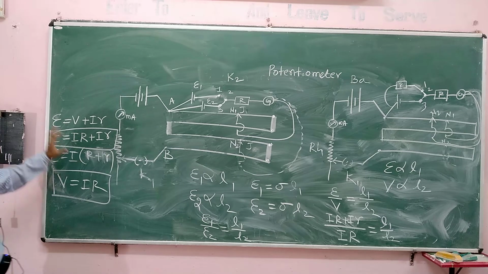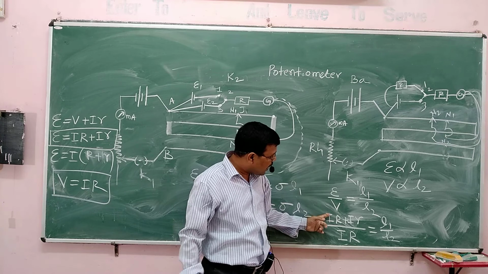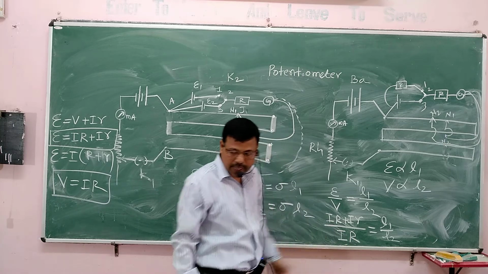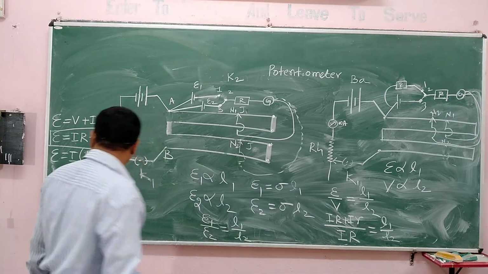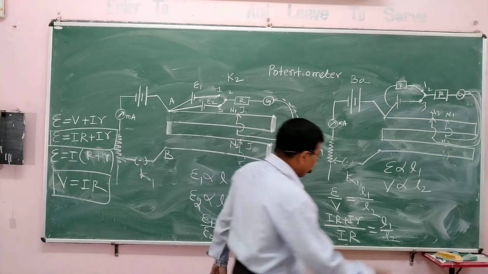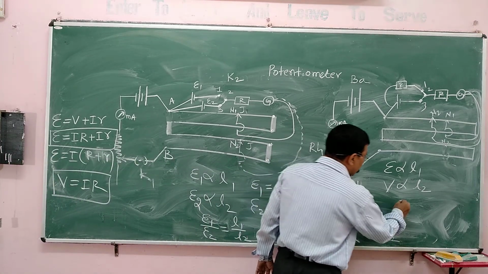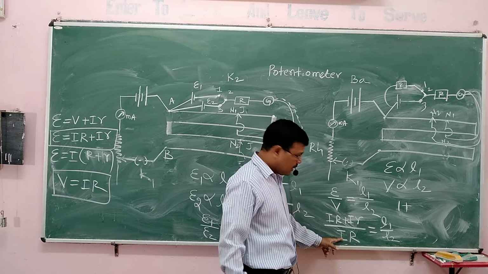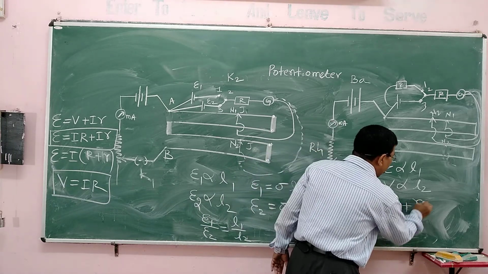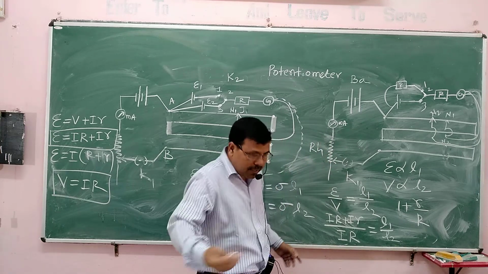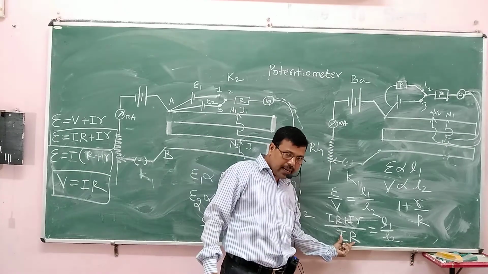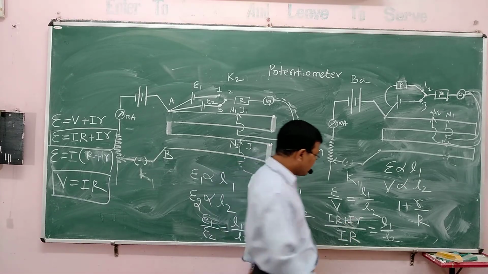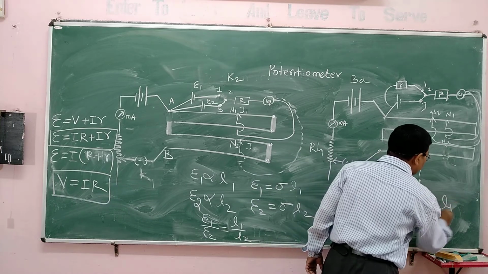So substitute these values here. Then I cancels, we get R plus r by R. I repeat, this I cancels, then R plus r by R is equal to L1 by L2.